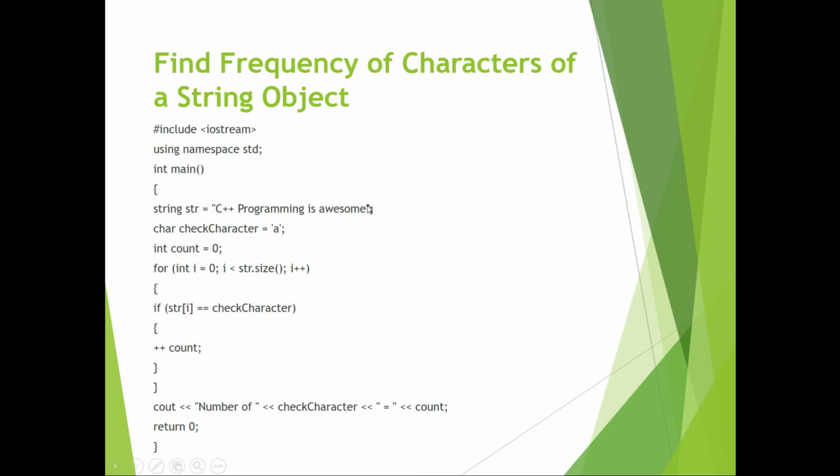Similarly, it checks until it comes to E. Now if it encounters A, my count value will be incremented from 0 to 1. Similarly, you have one more A here, which means my count value will be incremented again and it shows 2. So in the whole sentence, the number of A is 2 times, and my output will be 2. This is a program for finding the frequency of a character in a string object.